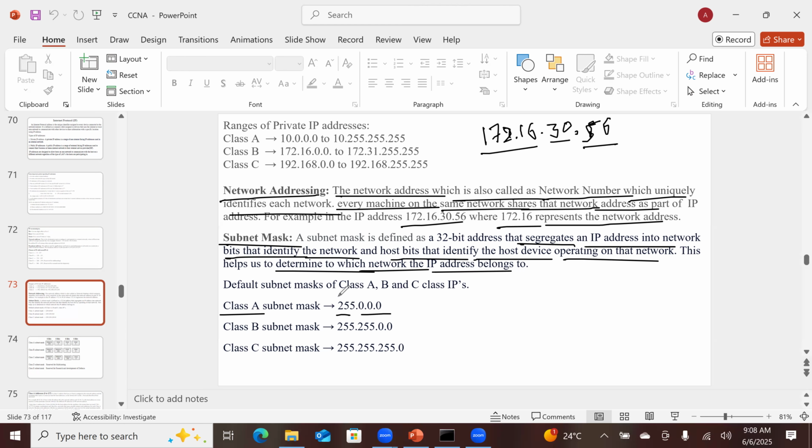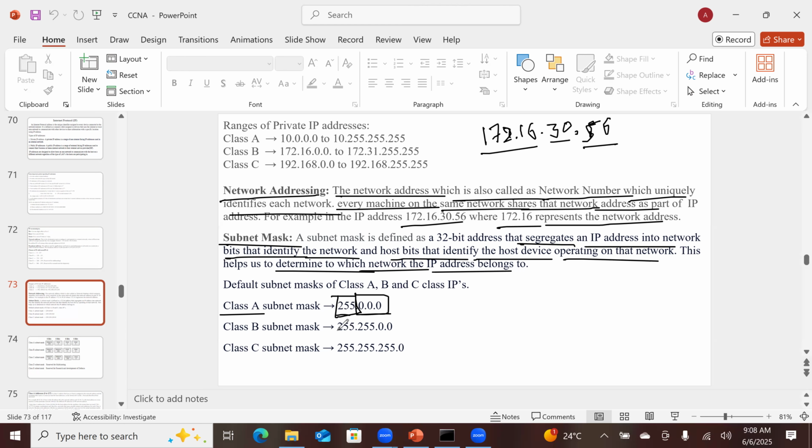That means the first octet belongs to the network, and the remaining three belong to the host. Wherever there is a 255, that belongs to the network portion. Wherever there is less than 255, it may be 0 or less than 255, that all belongs to the host.